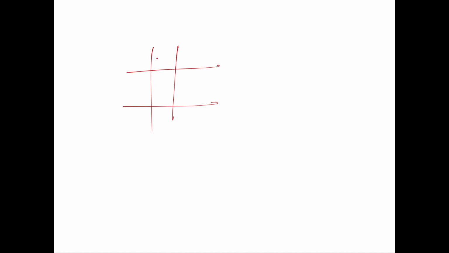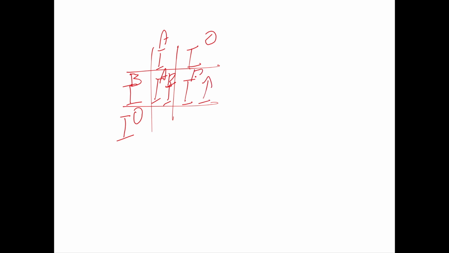So the man IA-IO, the woman IB, regardless who's up and left, and IO. Here we'll have A and B. Here we will have B and O. Also here, hopefully you know how to do that.